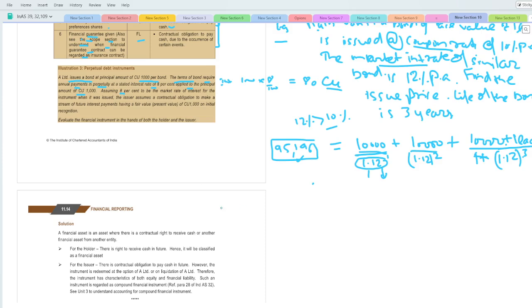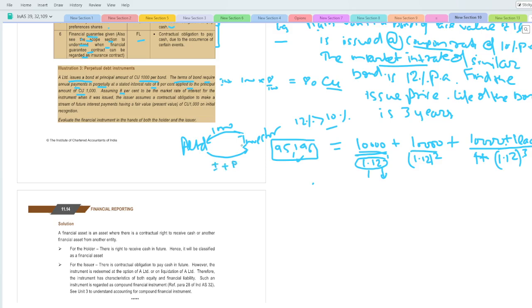So quickly we will prepare the diagram here. A Limited, and suppose it is given to the investor here. First the investor gives cash of 1000, and in return A Limited gives the interest plus the principal amount.